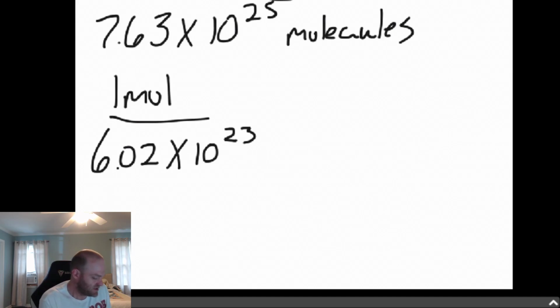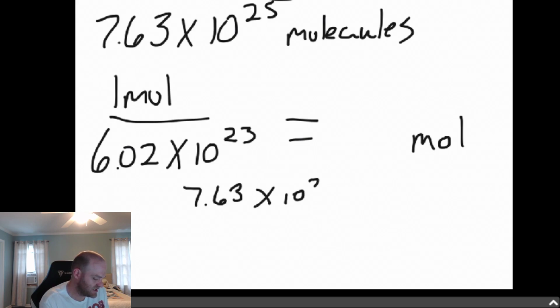If I want to get the moles on the end, with moles on top, I want the molecules to be on opposite sides. So I will divide 7.63 times 10 to the 25. I'll write molecules in right here so you can see what I'm talking about.